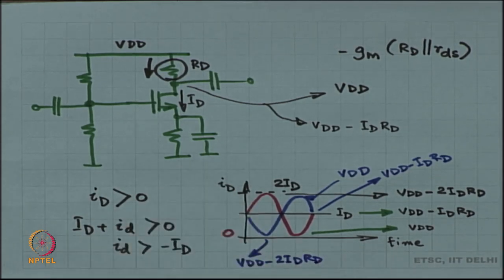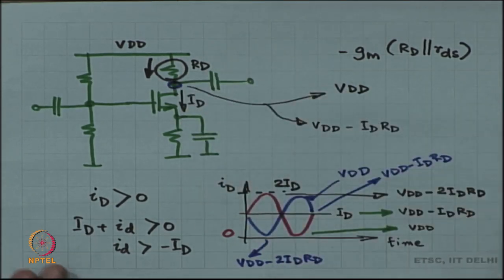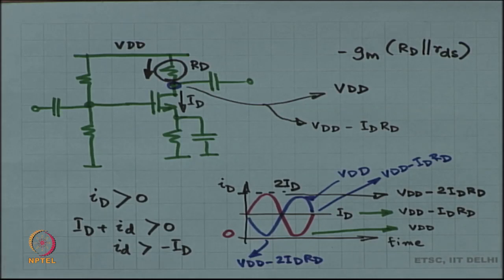The amplitude is just ID RD. Is it okay? Of course, I have thrown out the load, right, there is no load over here. Once you put in a load, things will change, agreed. So, the amplitude of the drain voltage is nothing but capital ID RD. Okay.